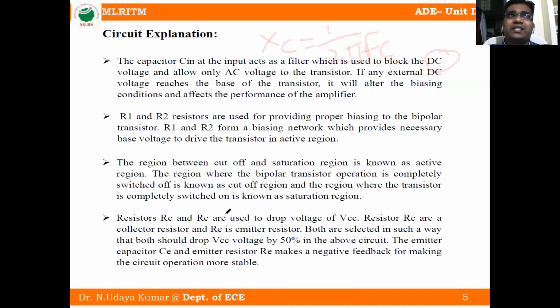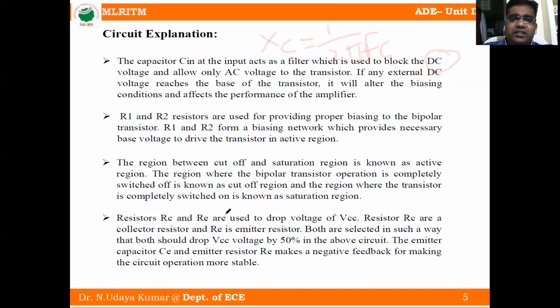We know that a transistor can be operated in different modes: saturation region, cutoff region, active region, and inverse active region. In the active region, the first junction is forward biased and the second junction is reverse biased. In the cutoff region, the first junction is reverse biased and the second junction is reverse biased. We have seen that already.